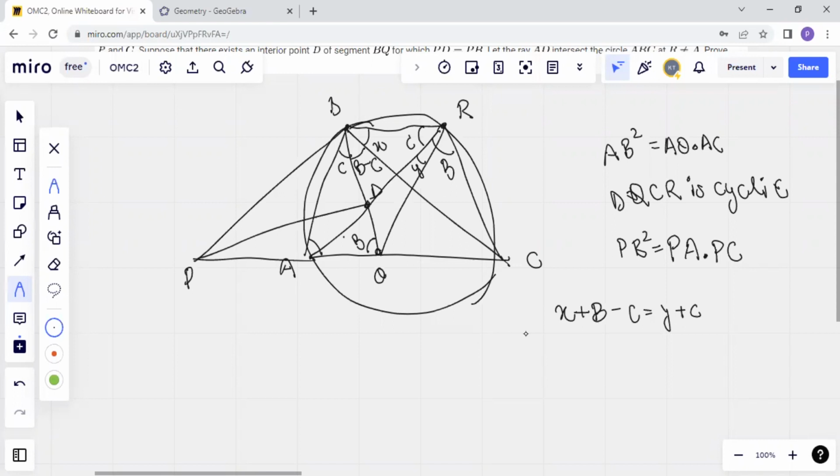Can you join DC? Yes, sure. So this angle is Y, and this is X. We want to prove this. How do we do it?